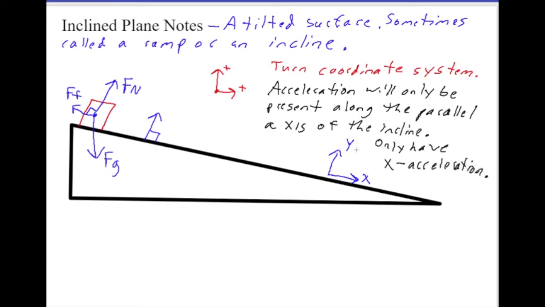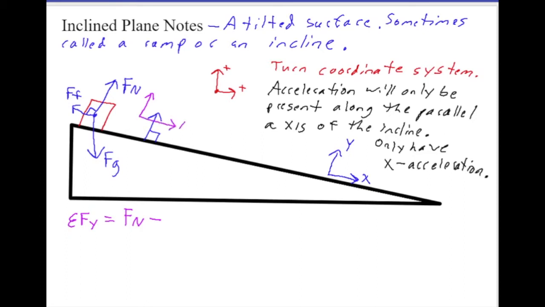So let's go ahead and write our net force equations. Net force in the y direction is going to be equal to the forces that point up in the y direction. Given that this is our new axes, we notice that force normal is pointed up in that direction. So I'm going to say force normal minus, and then I notice that force gravity is in the x and the y direction.